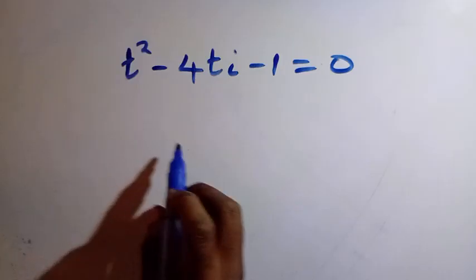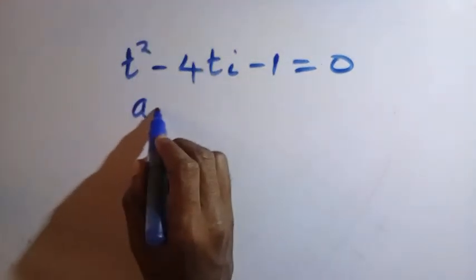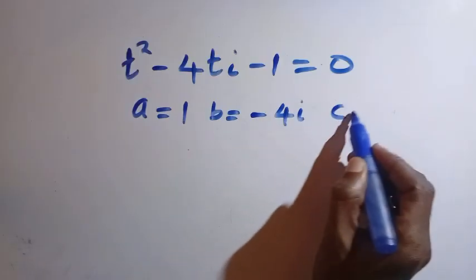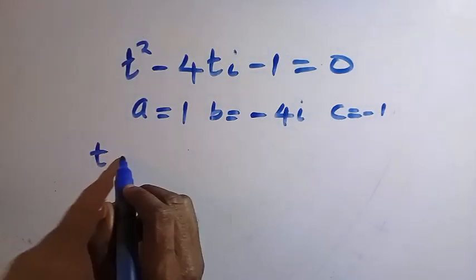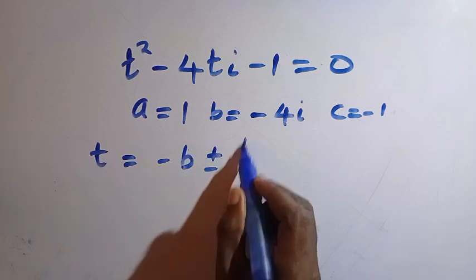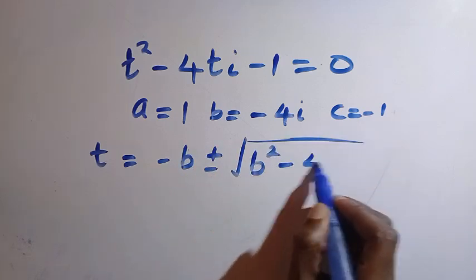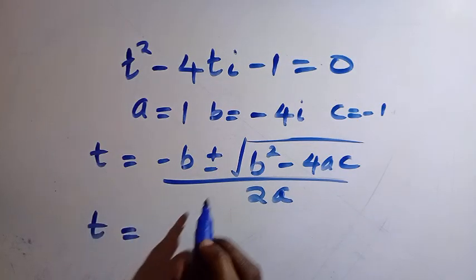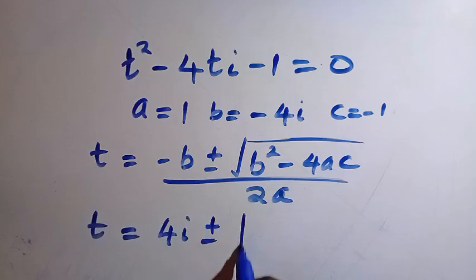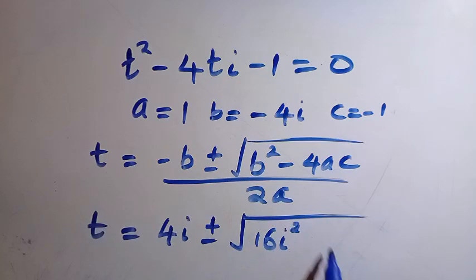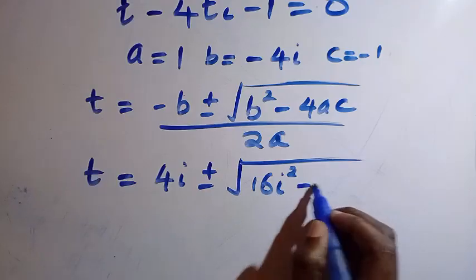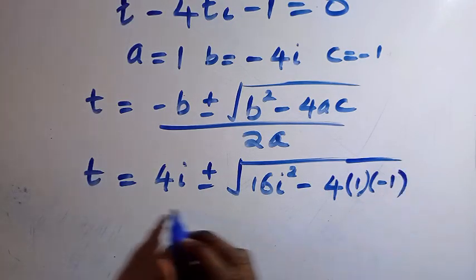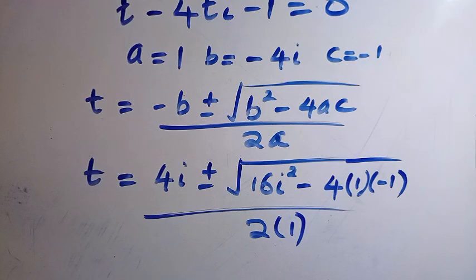So let's solve this. The variable we are looking for is t, and from the quadratic equation, a is 1, b is minus 4i, and c equals minus 1. Using t equals minus b plus or minus the square root of b squared minus 4ac, all divided by 2a, we are going to have t equals 4i plus or minus the square root of 16i squared minus 4 multiplied by a is 1 and c is minus 1, all divided by 2 into 1.